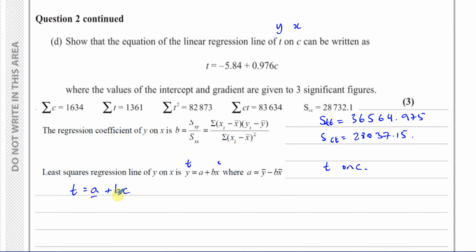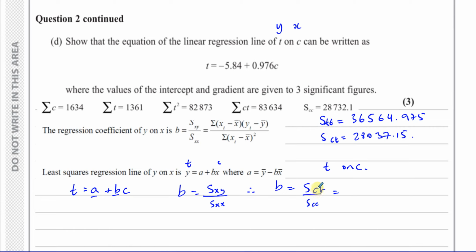Now b is like the gradient of the line and a is like the y-intercept. Now b, as we're told, is equal to Sxy over Sxx. In terms of our numbers, b is going to be equal to Sct over, and our x is c, Scc.